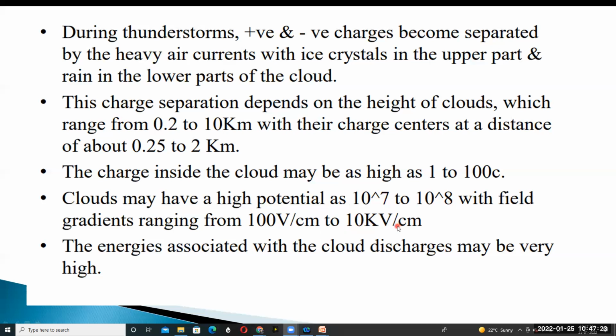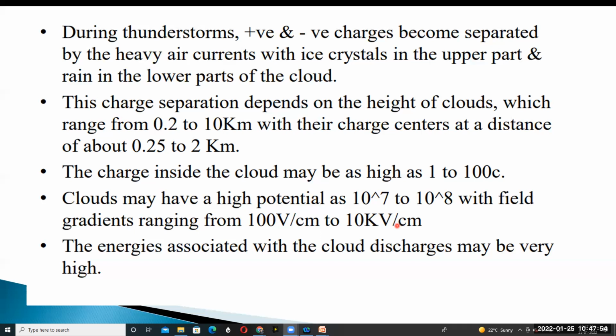The energies associated with cloud discharges can be as high as 250 kilowatt hours. It is believed that the upper region of the cloud is usually positively charged, whereas the lower region is predominantly negative, except for a local region inside the cloud near the base, which is positive.